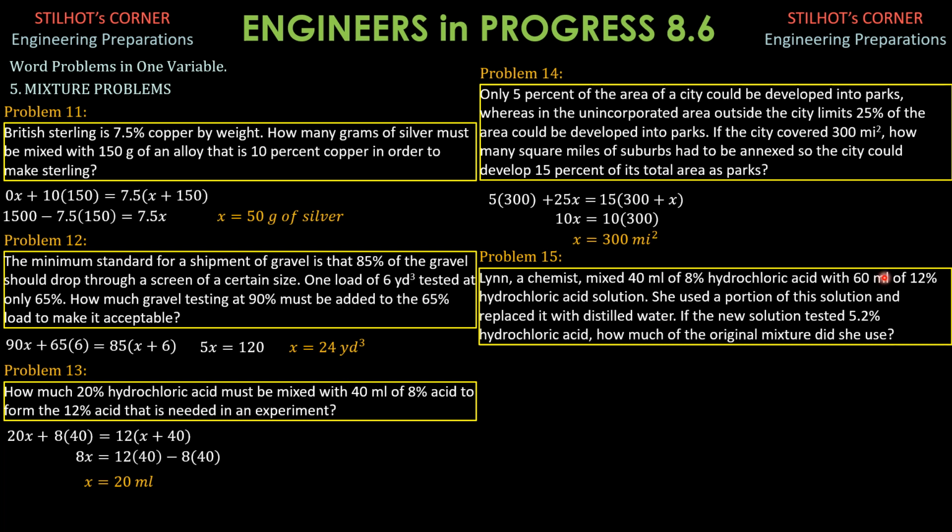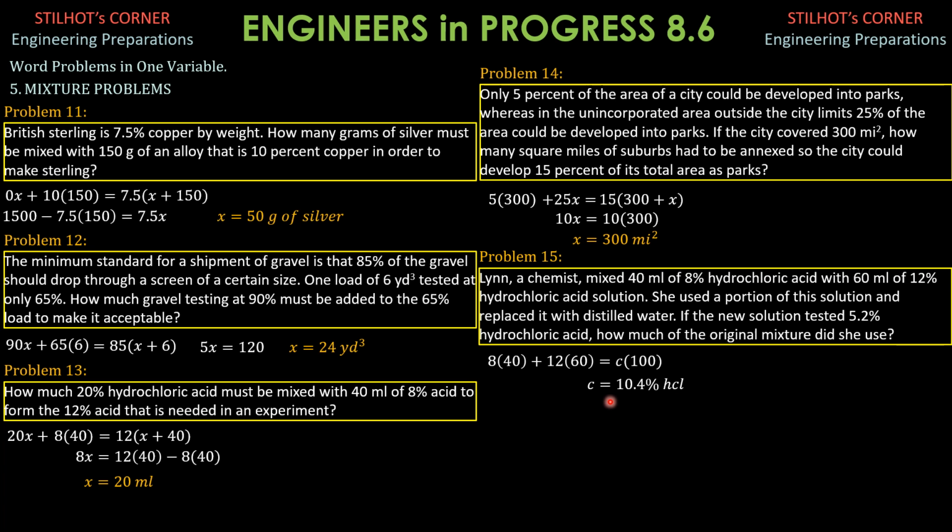And the total amount is still 100 ml. So 8 times 40 plus 12 times 60 equals the resulting concentration times 100 ml, because 40 plus 60 is 100 ml. So the resulting concentration is 10.4% hydrochloric acid.